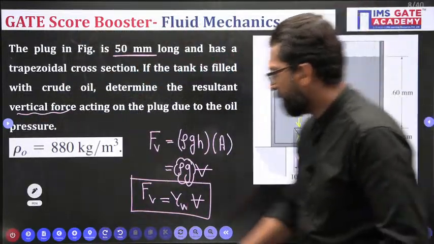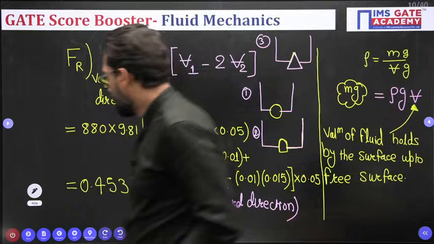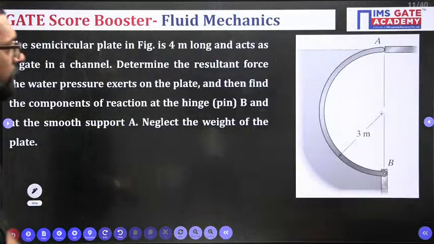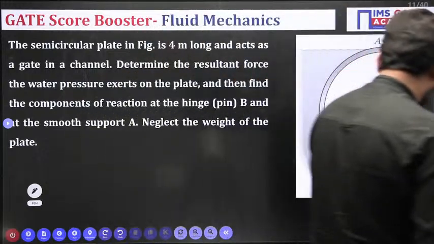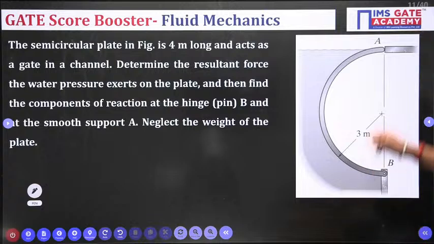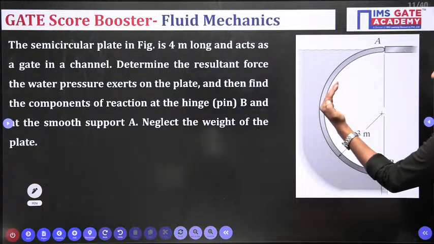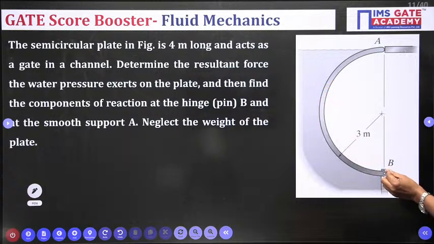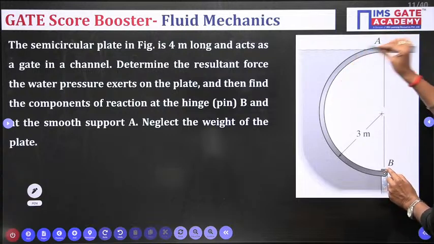What is that? This is the third problem. Very important. The third one is related to the force on a curved surface. So let's suppose there is a ring and there is a plate. That means it is like that. There is a plate. This plate is hinged at point B. That means at the point B, this plate may swivel.